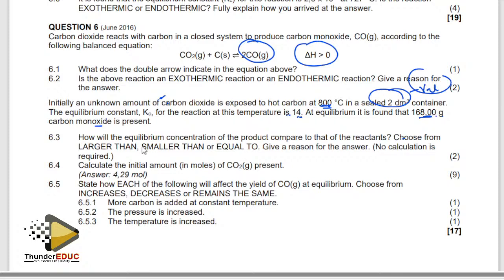How will the equilibrium concentration of product compare to that of the reactant? So now you are looking at the concentration of the product, ne?